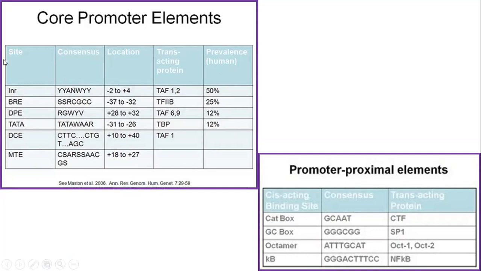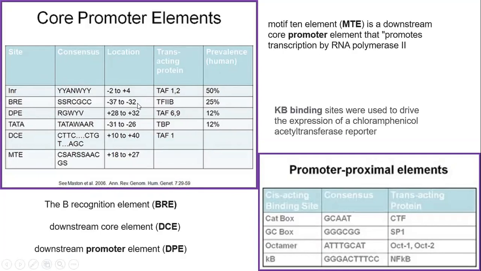Remember that TATA boxes in humans are only about 12% in a given genome. So there may be other elements that are important for specific other genes. In terms of abbreviations, BRE is the B recognition element, then the downstream core element, and the downstream promoter element. This is a motif ten element that is downstream of the promoter and promotes transcription by RNA polymerase.